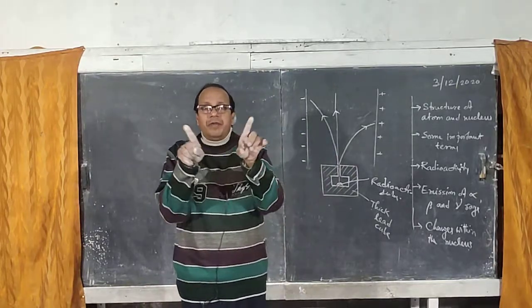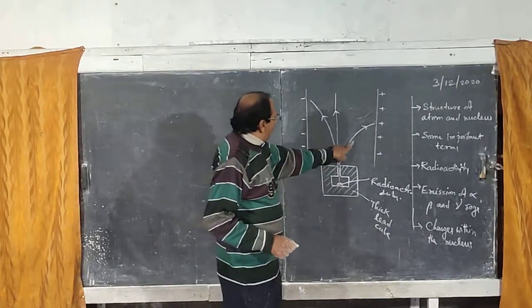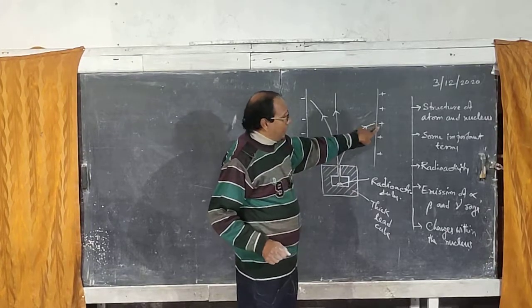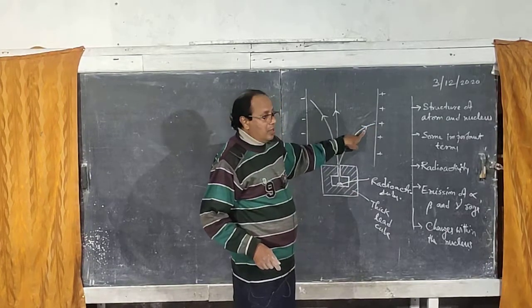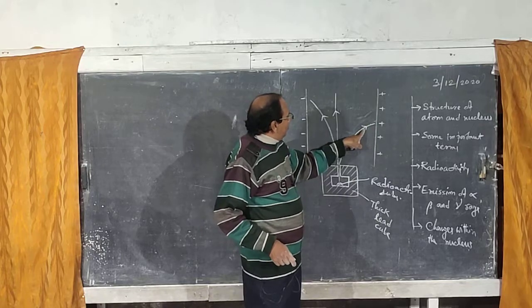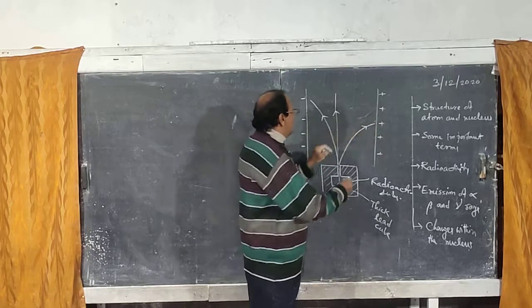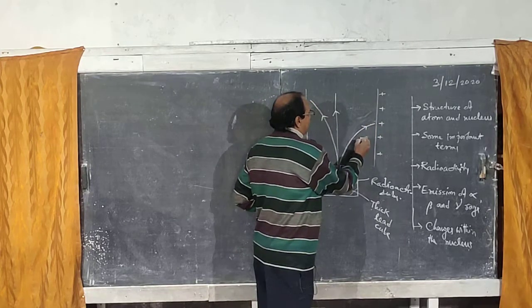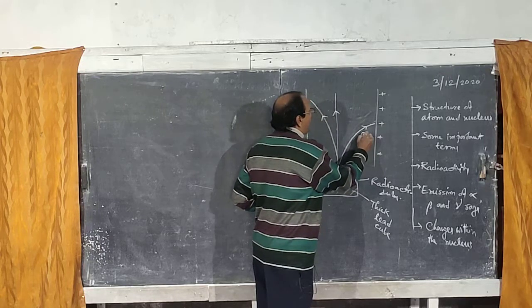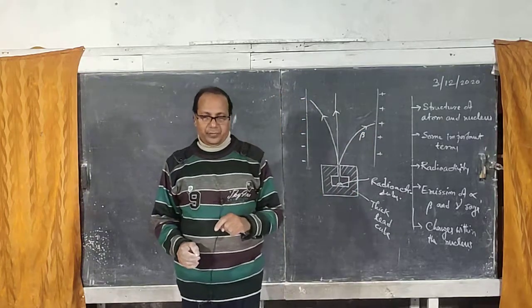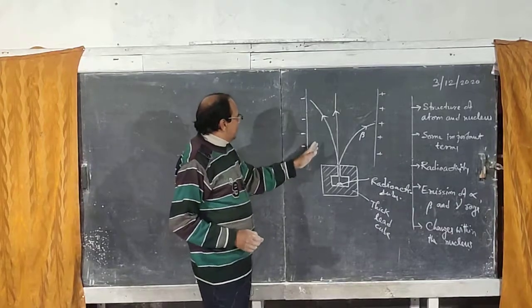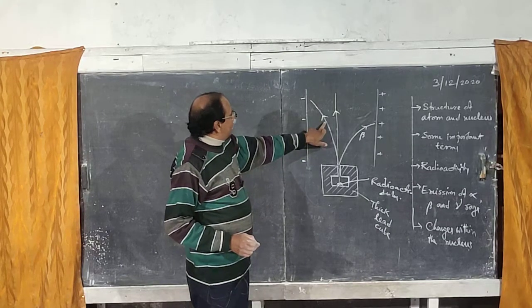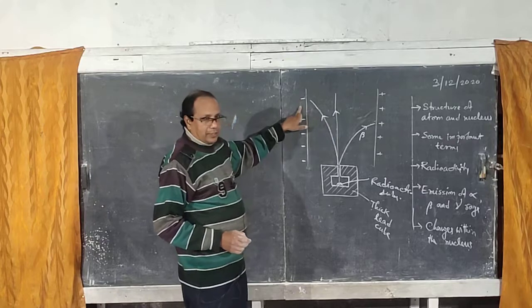They are separated from each other. One part we will see bends towards the positive plate, a little bending more. Since it is bending towards the positive plate, definitely it is negatively charged, and this negatively charged part is called beta particles, right?